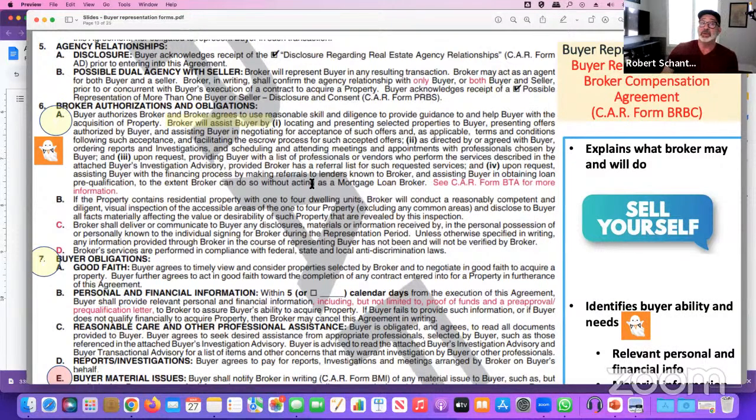Provide a broker referral list for such requested services, and upon request, assist the buyer with the financing process by making referrals to lenders known to broker. Hopefully that's already happened in advance. And then broker at section B will conduct a reasonably competent and diligent visual inspection of the accessible areas of the 1 to 4 unit home, and then communicate and deliver to the buyer any disclosures and material information. So that's basically your job description.